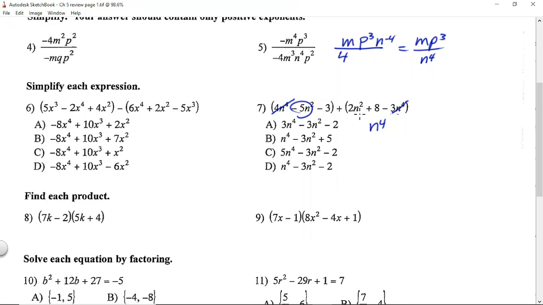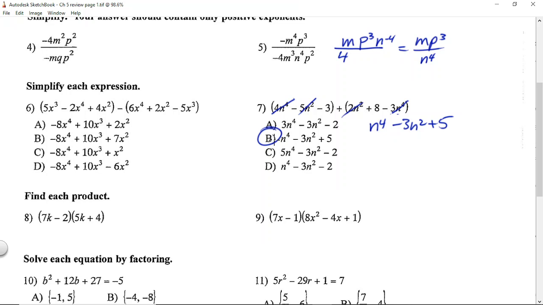You have negative 5n squared, and you have plus 2n squared. Combining those is negative 3n squared, because negative 5 plus 2 is negative 3. So we've gotten rid of those, and now we just have negative 3 and 8. Okay, that's 5. So hopefully that's one of the answers. Looks like it is B. n to the 4th minus 3n squared plus 5. So we say that's B.